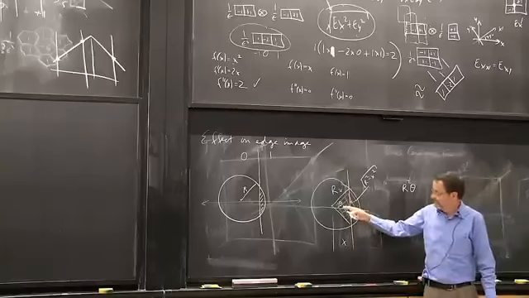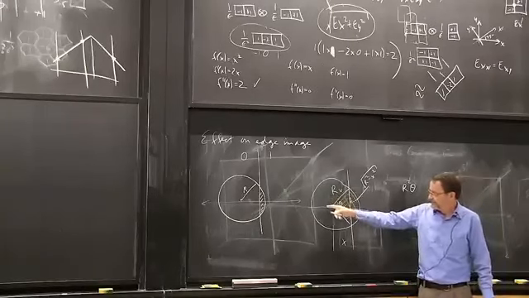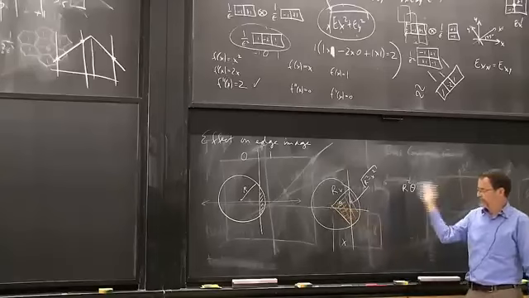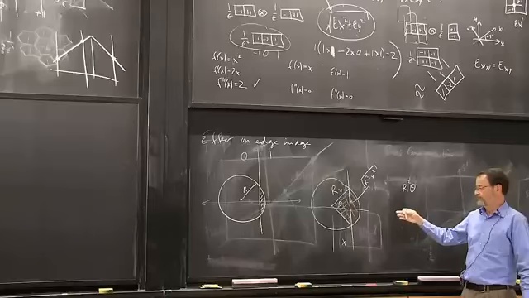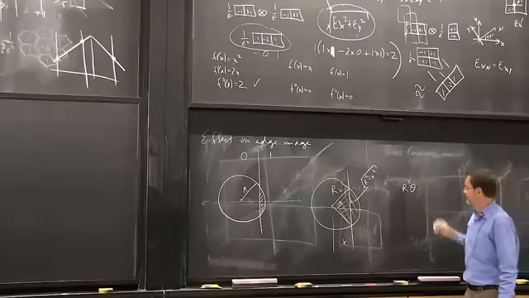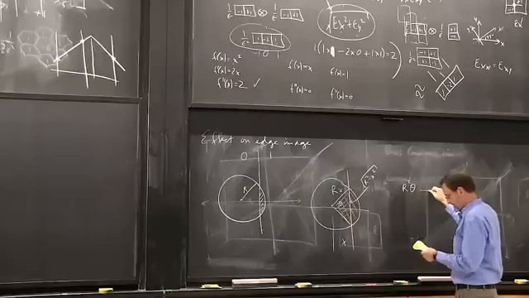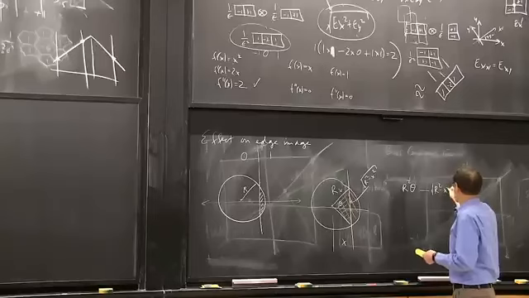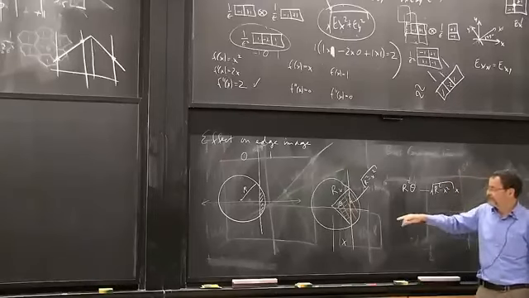Let's check that again. Theta is the half angle of the sector, and so it can only get as large as pi. If it's equal to pi, that means we've covered the whole circle, and we should get the area of the circle, which is pi r squared. So we get r squared theta. And then we have to subtract from that the triangle area, which is half the base times the height.